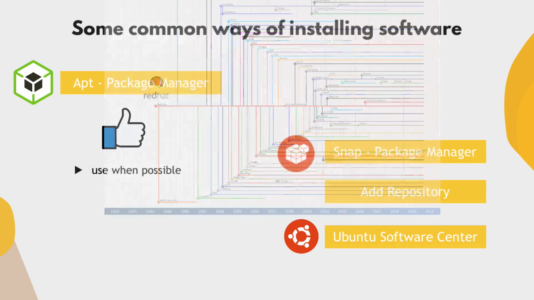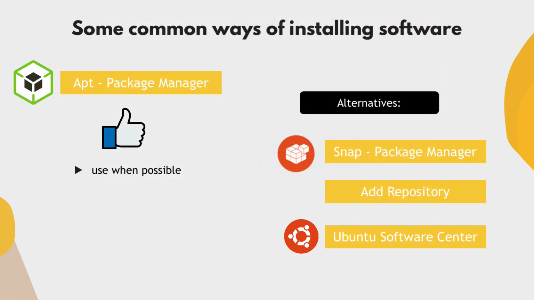If that is not possible, then we have alternatives, and the first alternative that you should use is Snap, of course, if it's available on your system. And using Snap, you can really easily download and install different software. And if none of them is an option, sometimes you may have to add an additional repository to your system so that your package manager can fetch software packages from there.